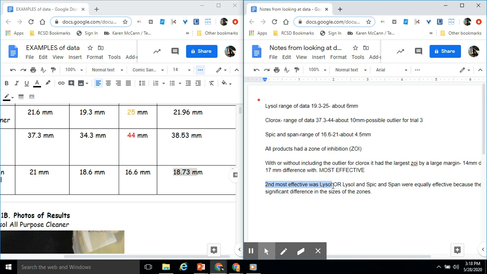The trick is some of you might want to do an asterisk, because I put an asterisk here and an asterisk here. I told you the difference, but if you take out the 25, which was not as big, the 21.6 plus 19.3 average was 20.45.